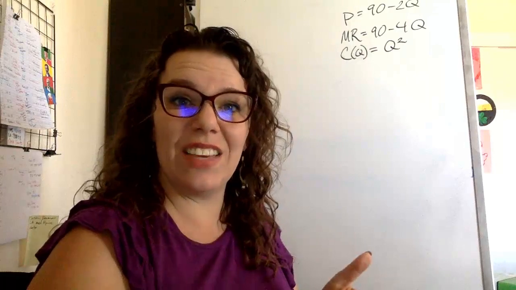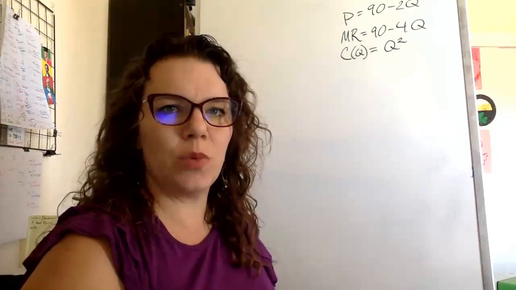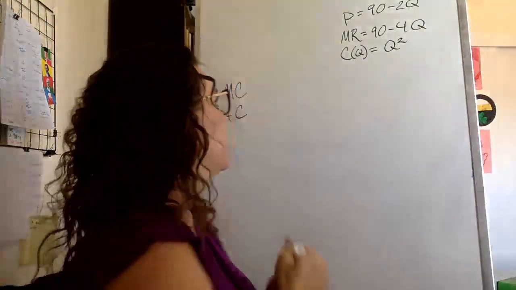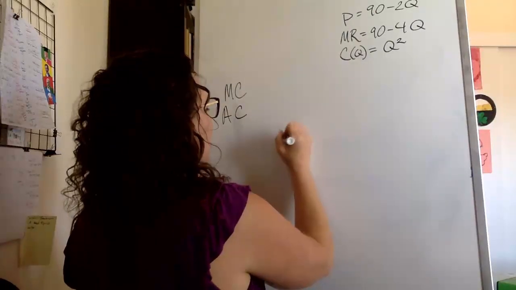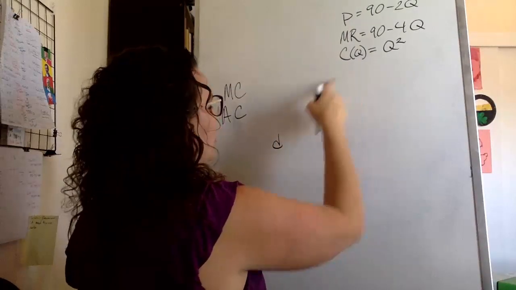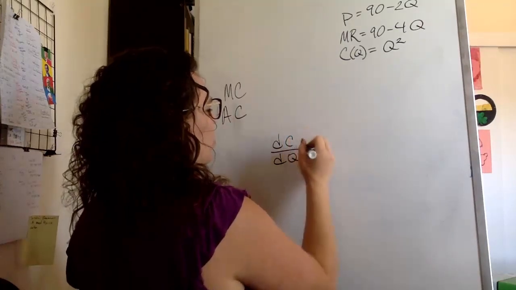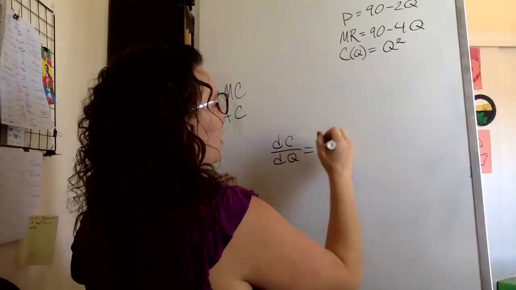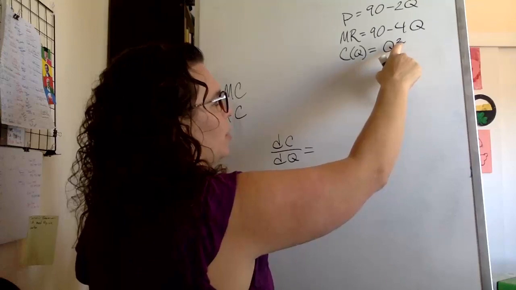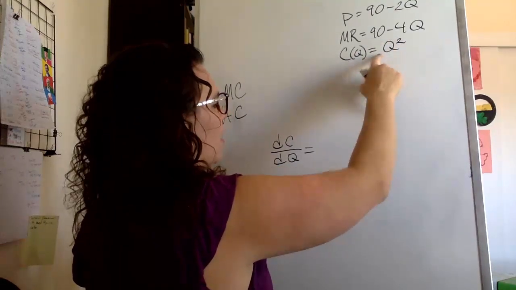Marginal cost is given in the problem, but real quick, I just want to show you. Finding marginal cost is basically just taking the derivative of this equation with respect to Q. So the derivative of cost with respect to Q. What we do with that is we take the exponent and bring it down in front.